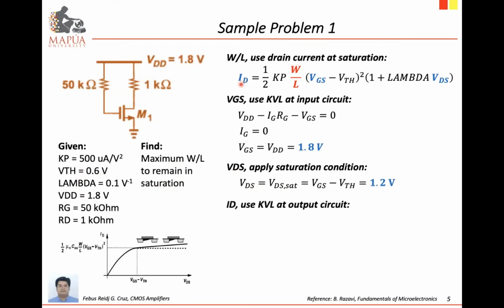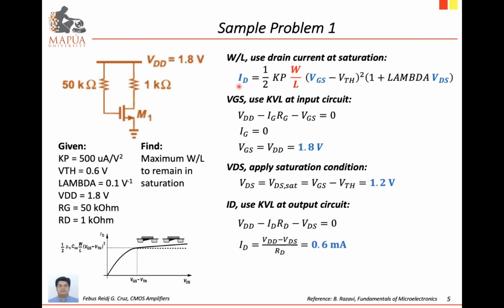Now for the drain current, we can use Kirchhoff's voltage loop at the output: VDD minus ID RD and then minus VDS. We already know the VDS, so we can solve for the drain current. VDD minus VDS over RD gives us 0.6 milliamperes.